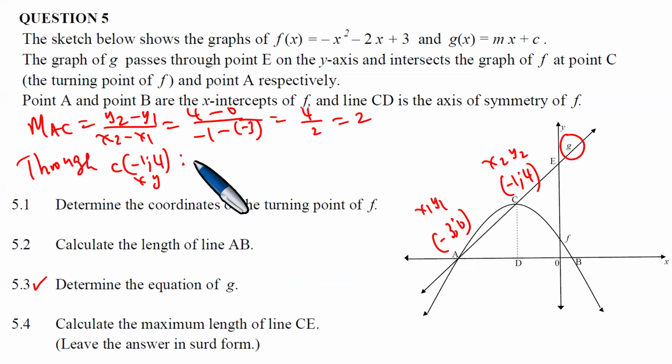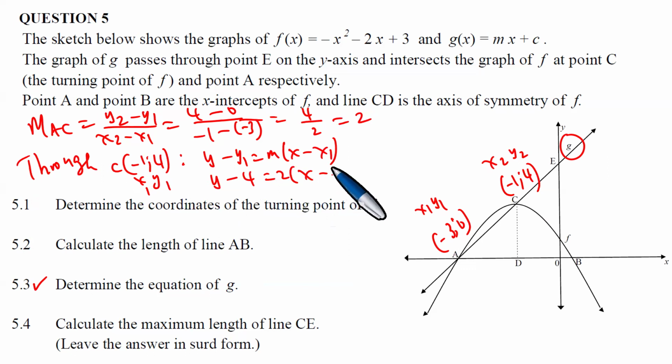So we have y minus y1 equals m into x minus x1, which is y minus 4 equals 2 into x minus (-1). So y minus 4 is 2x plus 2, which gives y equals 2x plus 6.